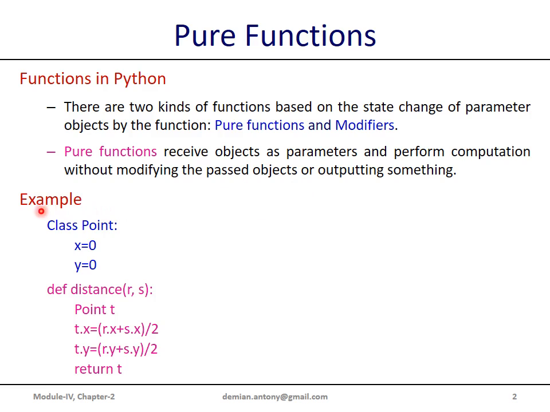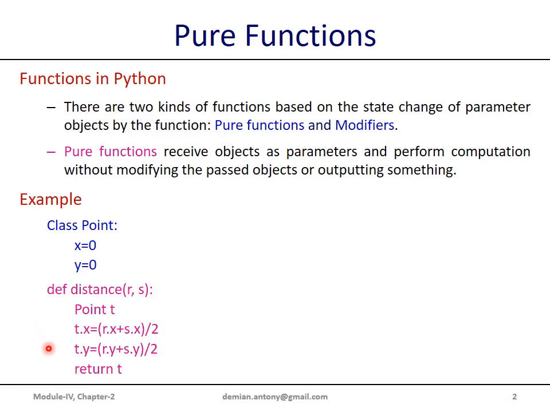We define a class called Point with initial values x and y equal to 0. Then we define a function called distance which takes two parameters, which are objects r and s.